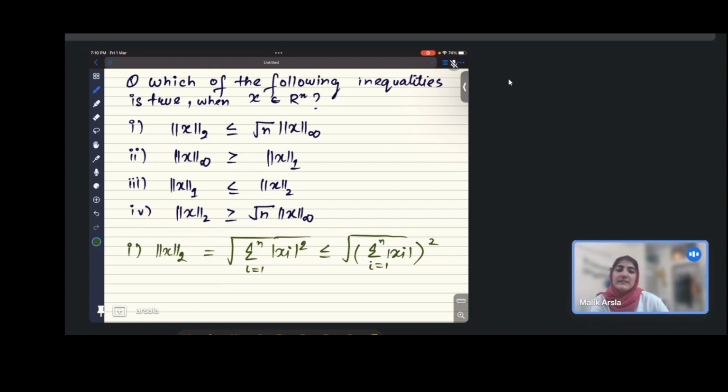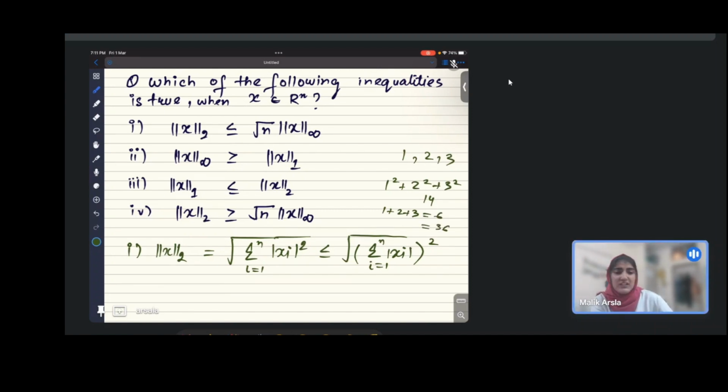Do you agree? If we have three numbers, say 1, 2, 3, in the first case we do 1 square plus 2 square plus 3 square, which is 1 plus 4 plus 9, that is 14. But in the other case, if we add all three, 1 plus 2 plus 3 is 6, and its square is 36.